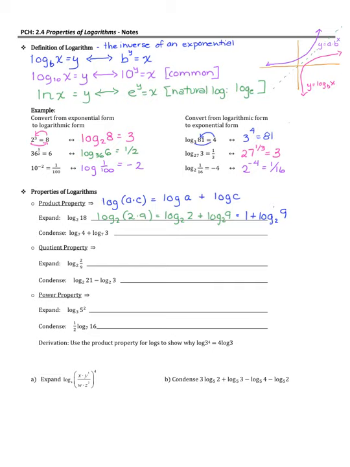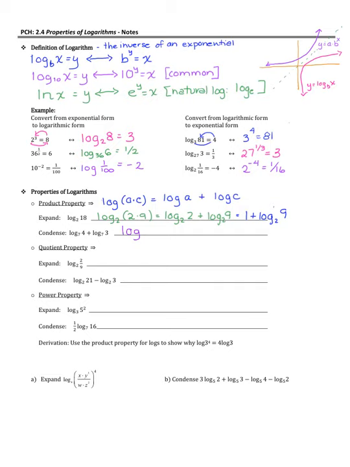All right, and now you can also go the other way, and condensing is really what we care about when we're solving equations. Expanding is what you care about in calculus so that you can do things like take derivatives and integrals easier. But for us, condensing is really the more important property because it allows you to solve.